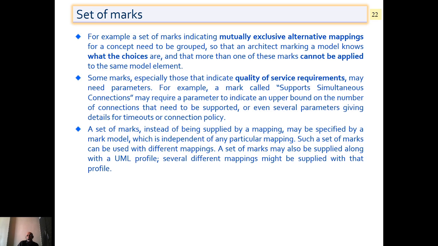Therefore, a set of marks, instead of being supplied by a mapping, may be specified by a mark model. A mark model is a separate kind of model which is independent of any particular mapping. So its job is to gather the marks, isn't it? Just see to it.